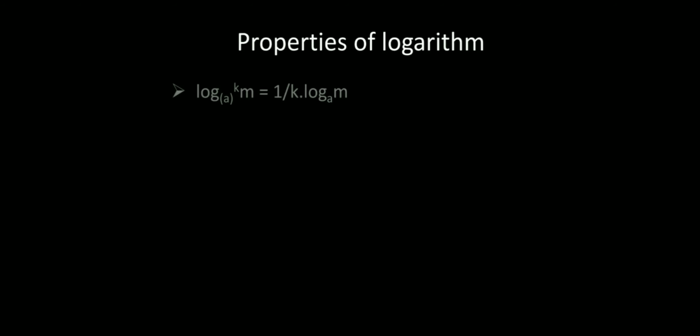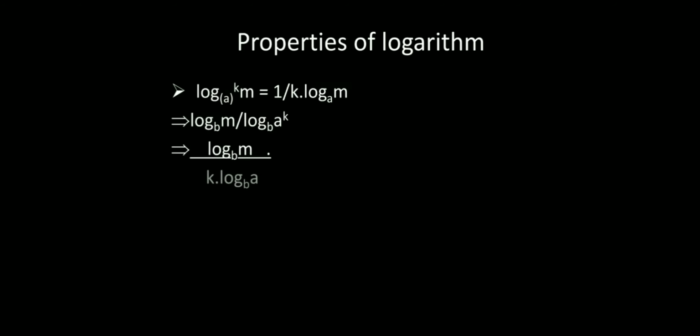Moving back to the previous theorem, because now we know how to solve it. Log m to the base a power k is equal to 1 by k into log m to the base a. So can we write the left hand side as log m to the base b divided by log a power k to the base b, using the previous theorem.